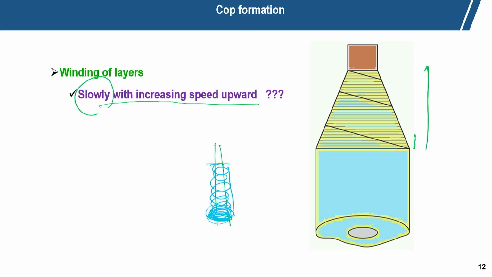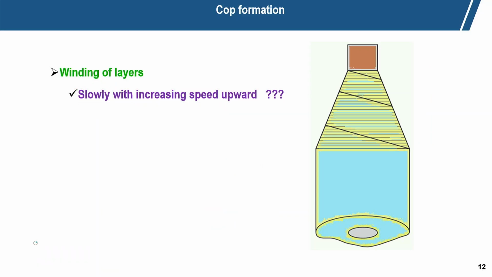Although the extent is very small, from the first layer on the bare bobbin we have a conical formation. This is due to the slow motion at the base, and as it moves faster, at the fastest speed there will be less quantity of material.